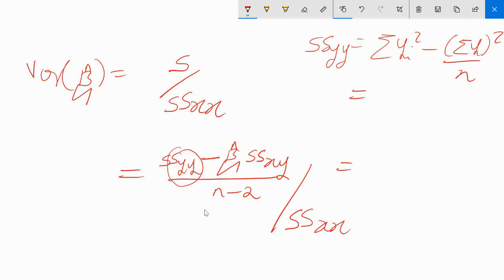And this is going to be 173,539 minus, summation of yi, we said, is 2,553 all squared divided by 40. And what do you get there?